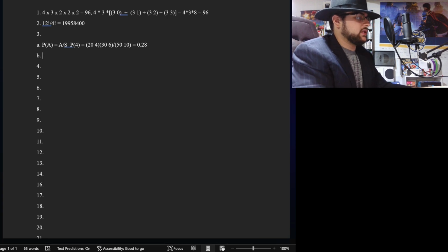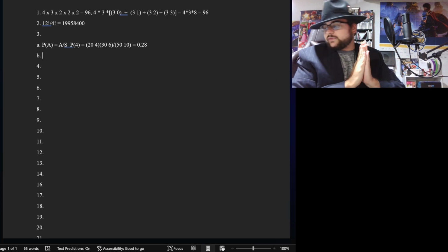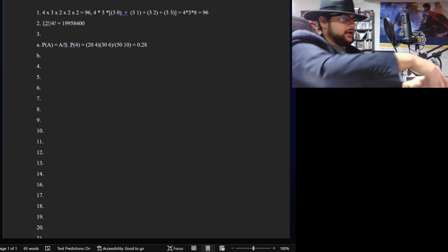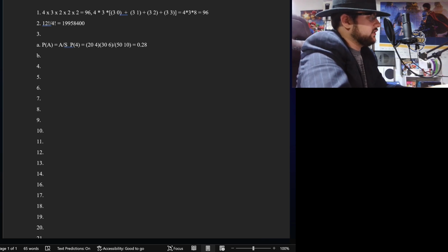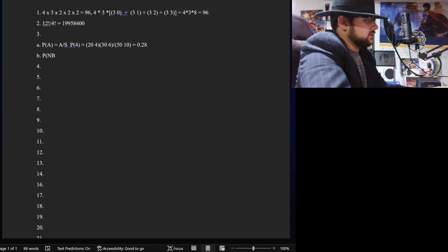Okay, B. Once again, this is pretty much the same sort of deal here. Quite literally the same setup. So we're just going to take, this time it's B, like this. Now that B is underneath, it is less than 3.